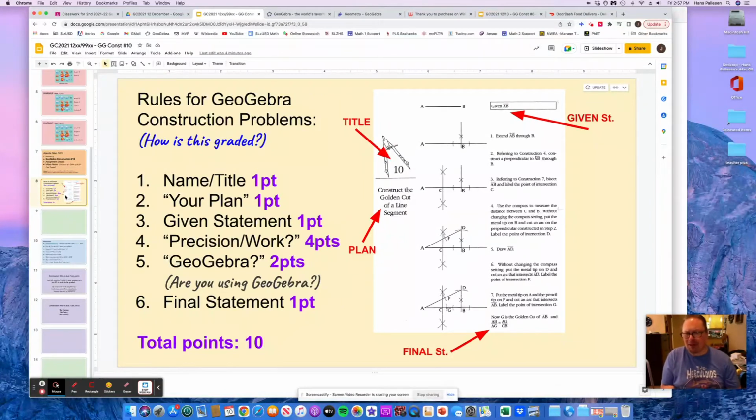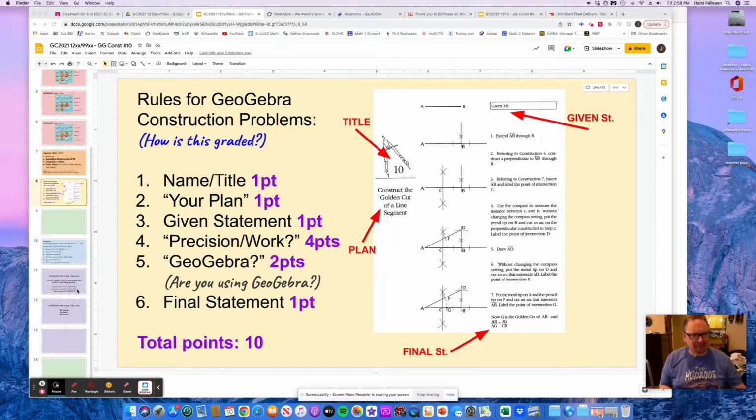Then we'll make a perpendicular line that goes through B, and then we'll mark the perpendicular bisector, and that's going to go through C, and then we'll put the compass on B, measure out to C, and where it intersects that perpendicular line, that point is D. D then gives us a triangle ABD, and then we put the compass on D and measure out to B, and that mark makes F, and then we find G from there. Anyways, it's quite a process.